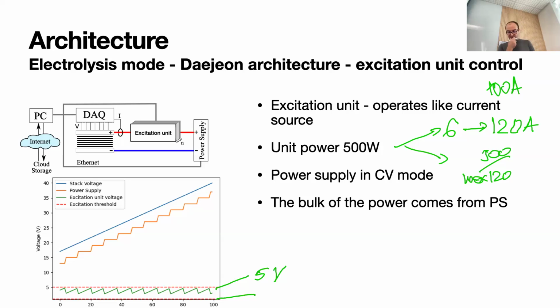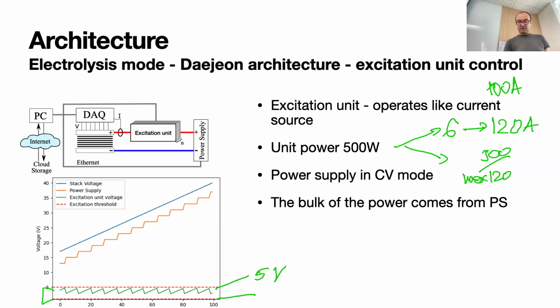But the stack that we have here will, in OCV, it has 17 volts. So what we have to do in order to operate it, we have to make sure that our excitation unit stays within these limits. How are we doing it?